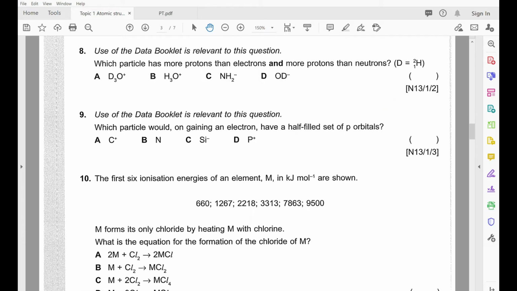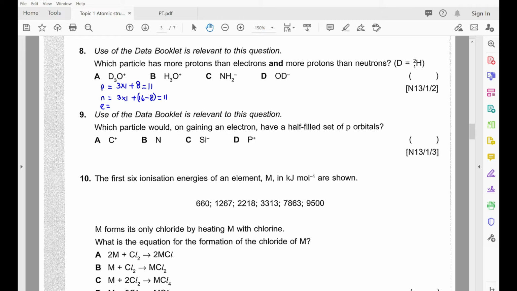Question 8. Which particle has more protons than electrons and more protons than neutrons? So let's write down all the proton, neutron, and electron numbers. The number of protons here comes from 3 deuterium, so 3 times 1 plus oxygen, which has 8, so 11 protons. There is 1 neutron per deuterium, so we have 3 times 1 plus oxygen has 16 minus 8, which is 8.